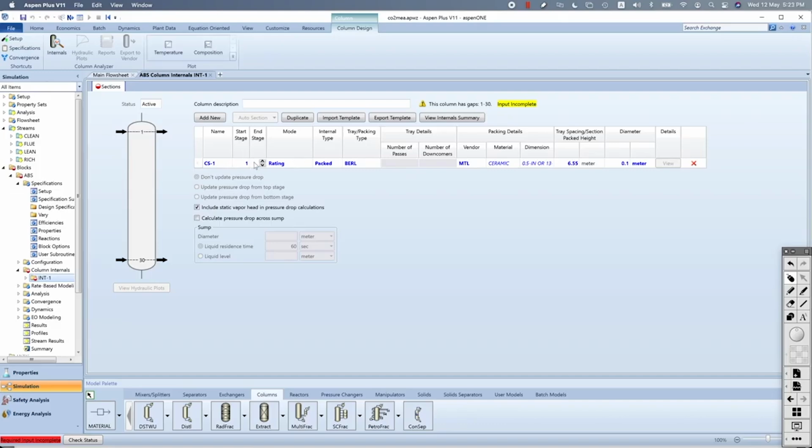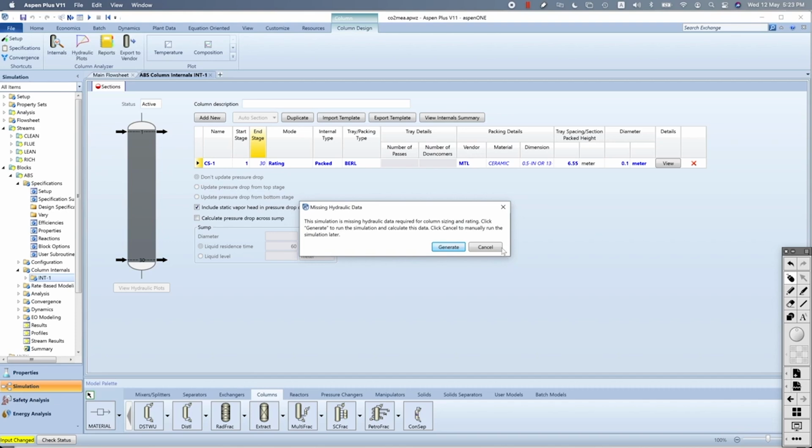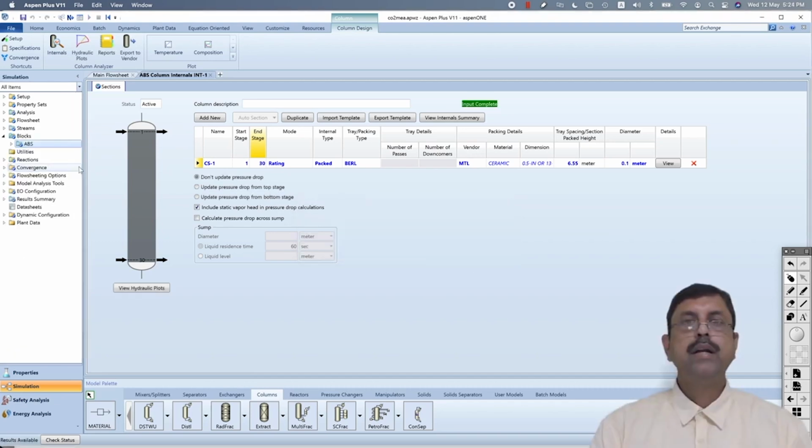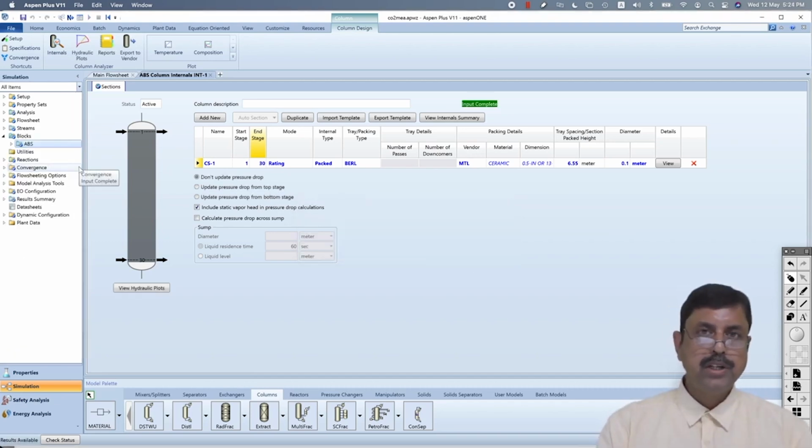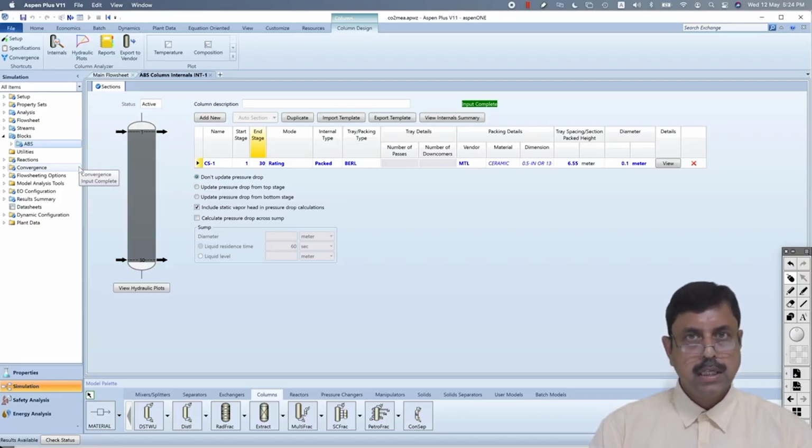And that is the reason we are going back to the 30 stage column. We are done with the absorption column. Now we'll shift to the stripping column.